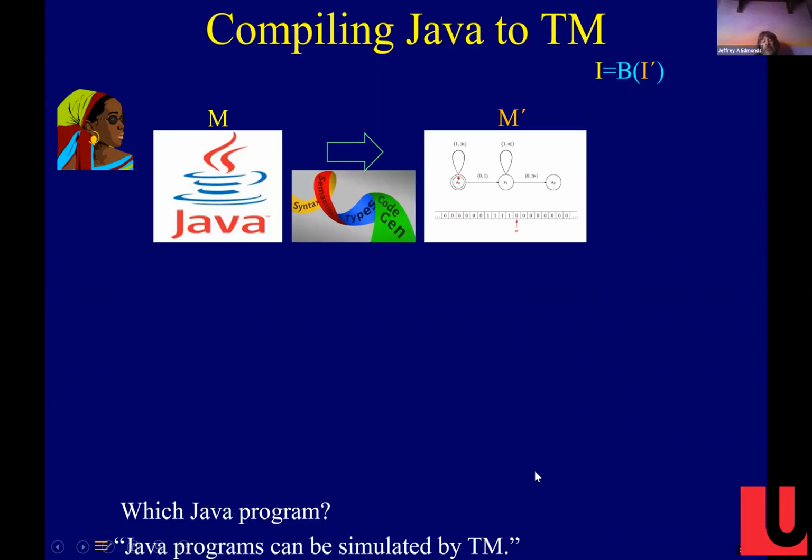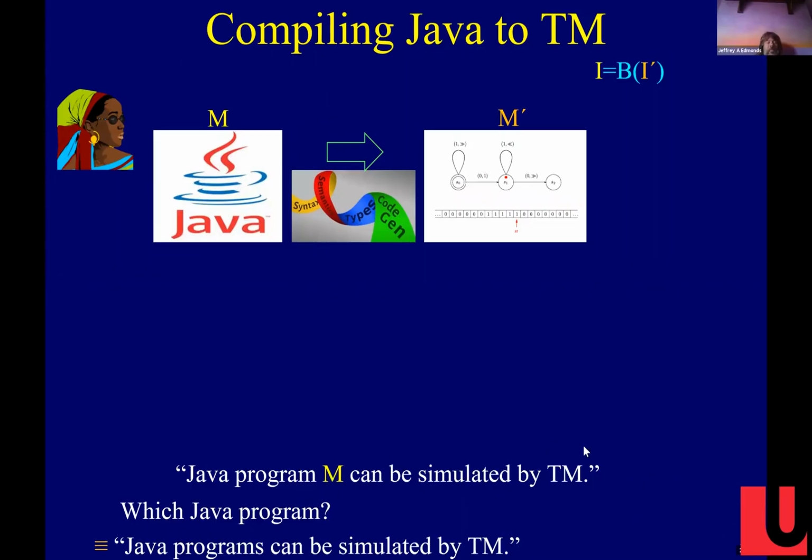What do we need? Let's build it up. What we need to say is Java programs can be simulated by Turing machines. Well, which Java program can be simulated by a Turing machine? Here we're saying Java program M can be simulated by a Turing machine. I want to know which one.